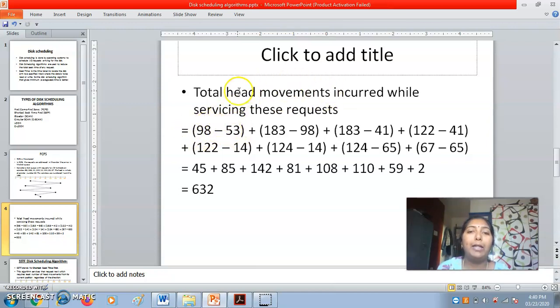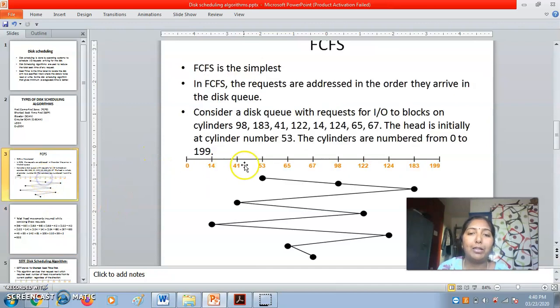So the total head movement between these two numbers is 98 minus 53.